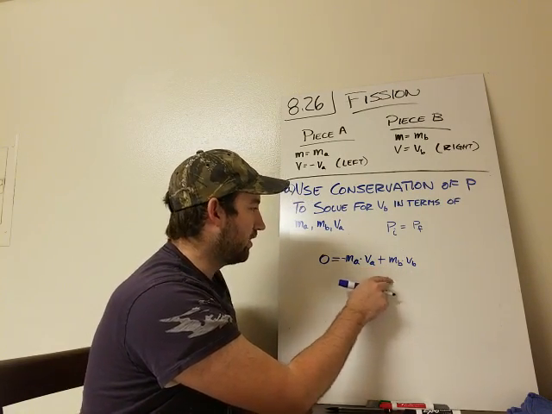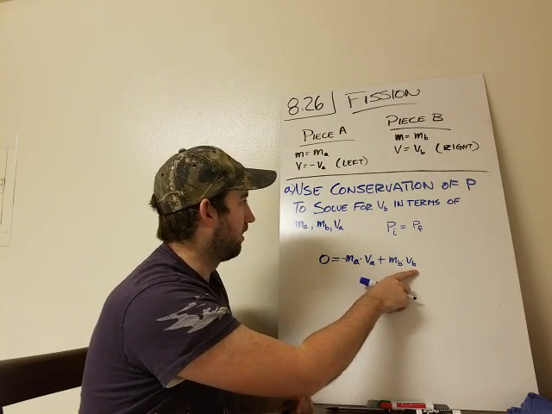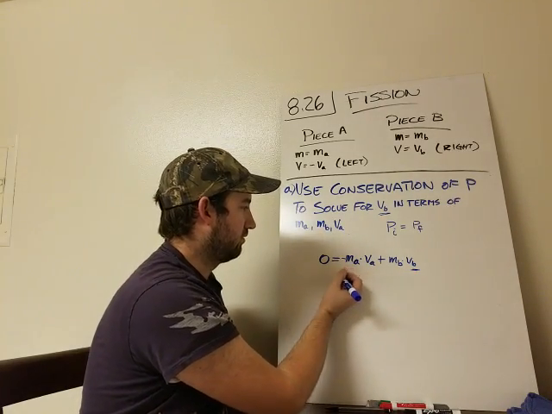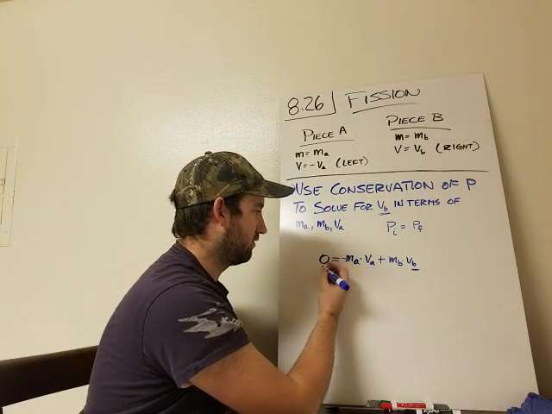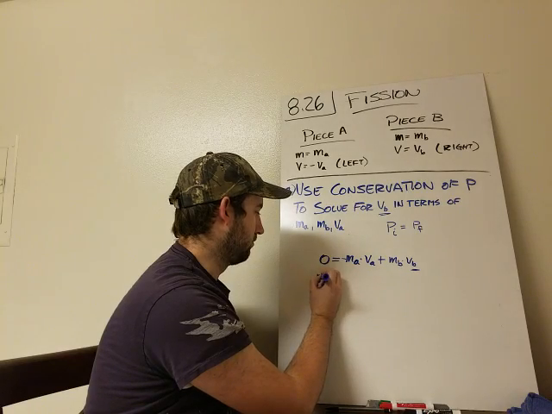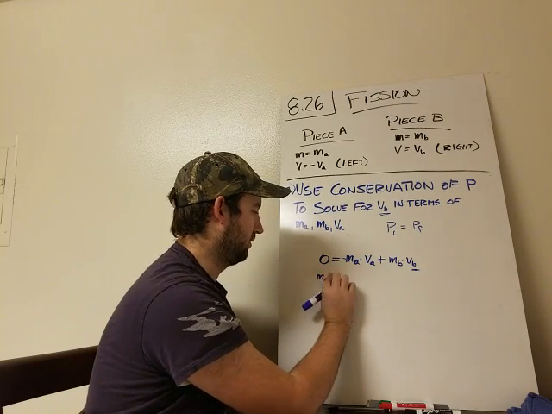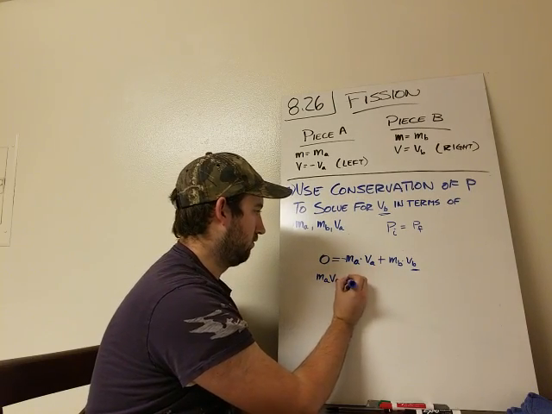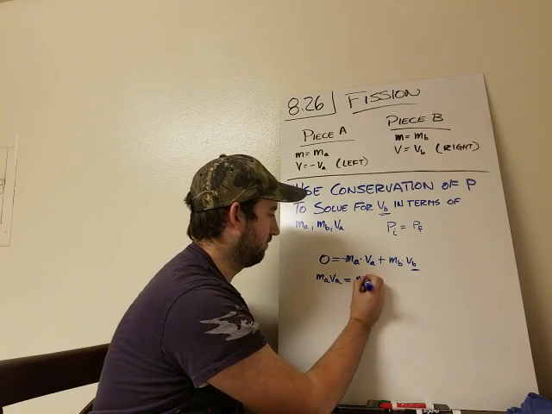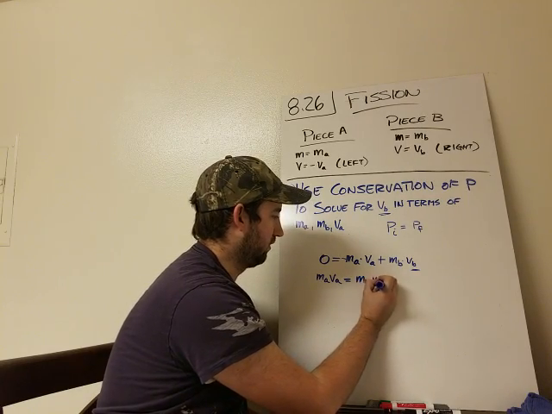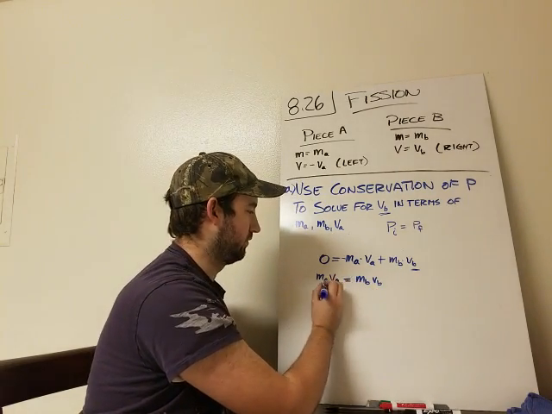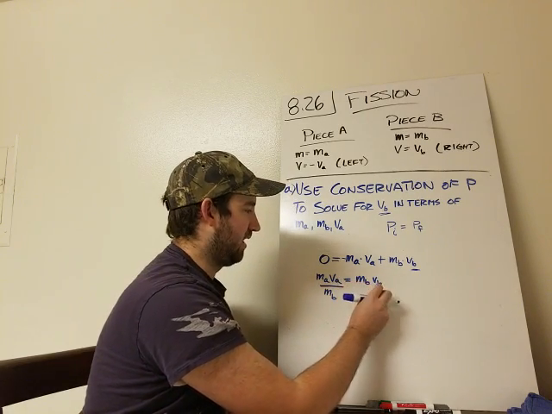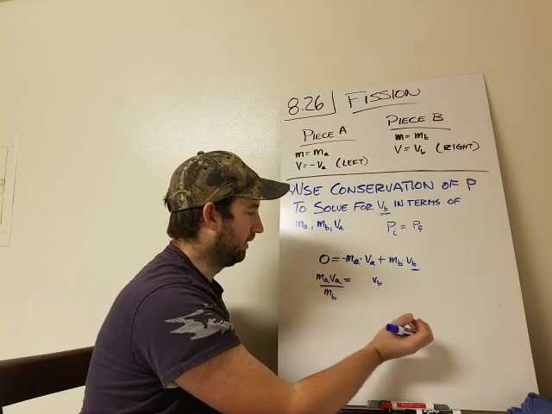So now we have this. Now all we need to do is solve for v sub b, which is right here. So we move over this negative, and we end up getting m sub a times v sub a equals m sub b v sub b. Now we just divide over the m sub b, and we get v sub b.